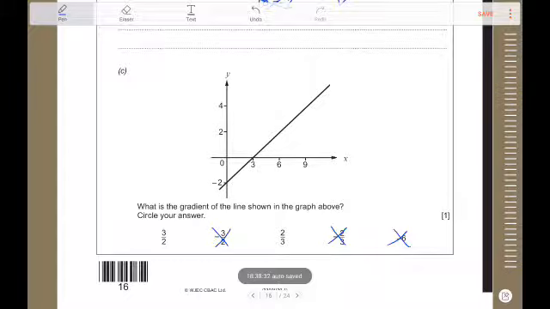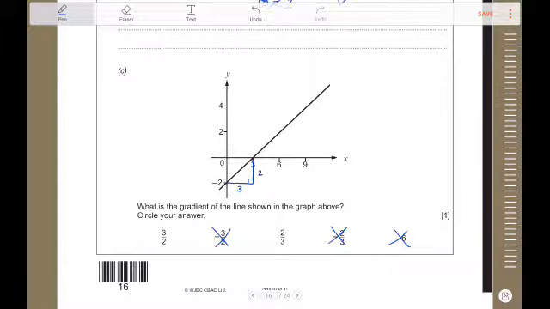Now, basically, gradient compares how far forward you go compared to how far up you go. So how far forward in the horizontal direction compared to how far you go in the vertical direction. This distance from there to there is going forward 3, because it goes from 0 to 3. This distance from there to there is 2, because we're going from minus 2 to 0, so that's a distance of 2.